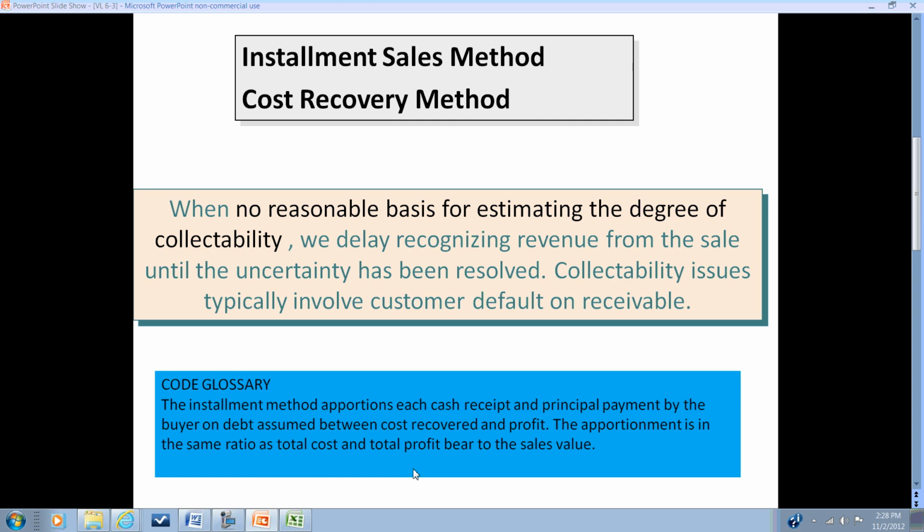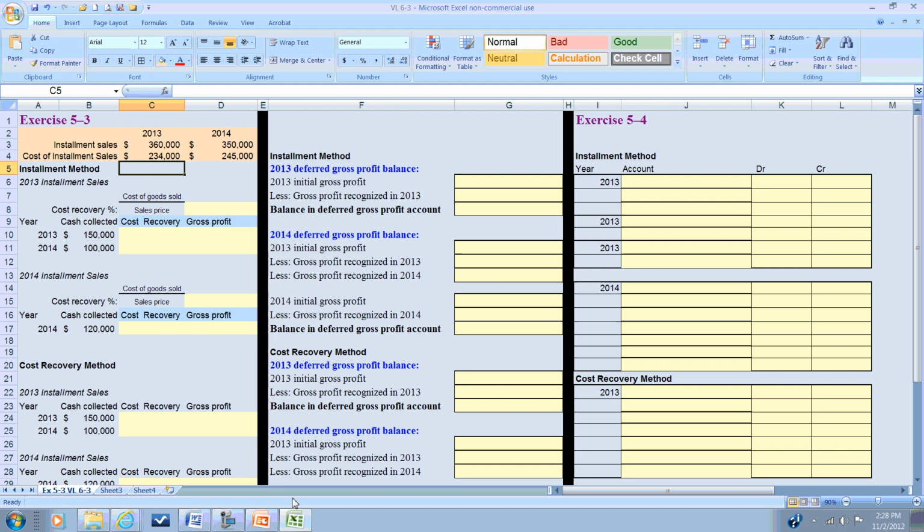So let's take a look at a problem where we're going to apply the installment sale methods. And there are two methods. When we talk about installment sales, there are two methods that can be used: the installment method and the cost recovery method.